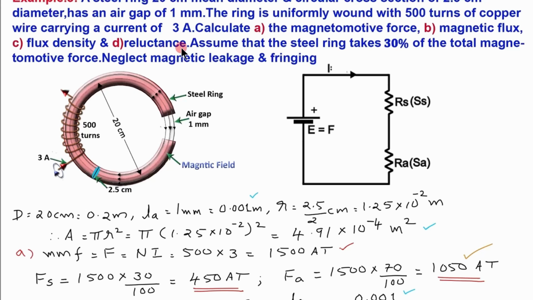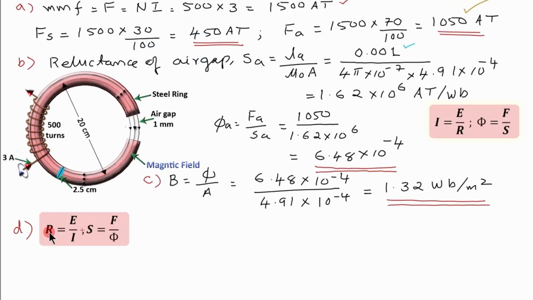Next we are asked to find the reluctance. We know that in the case of electric circuit, resistance R is equal to E by I. Similarly, in the case of magnetic circuit, reluctance S is equal to F by phi.